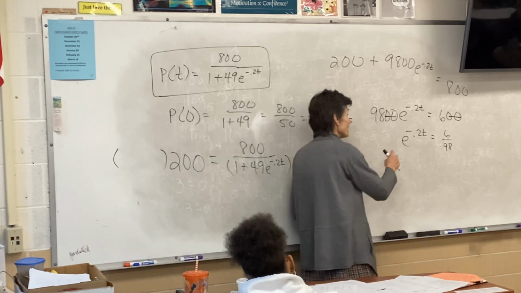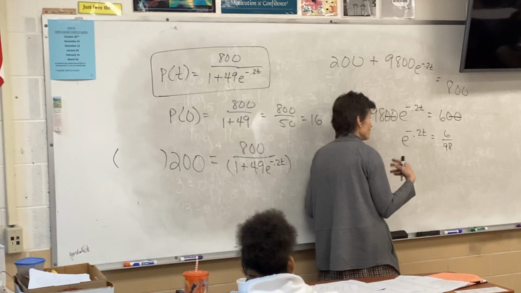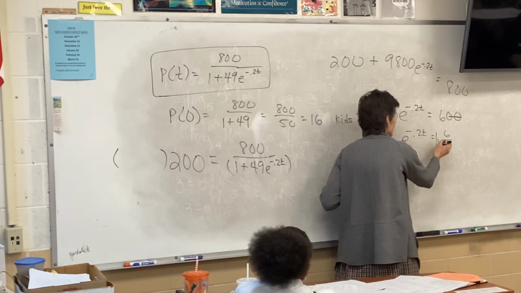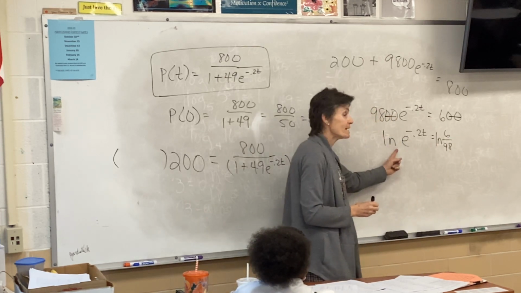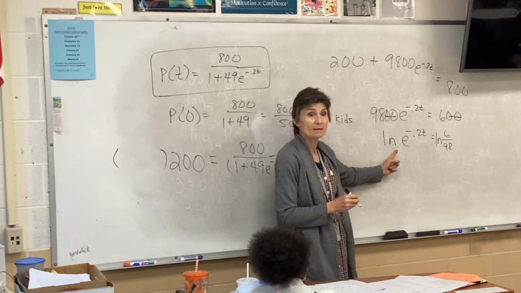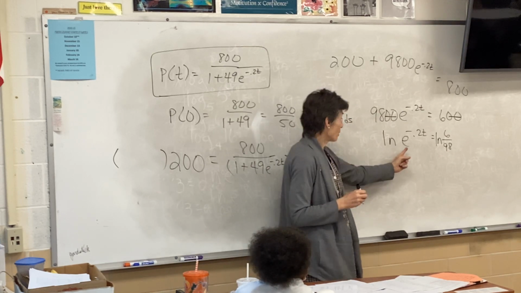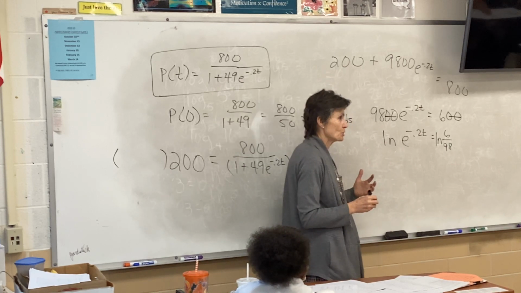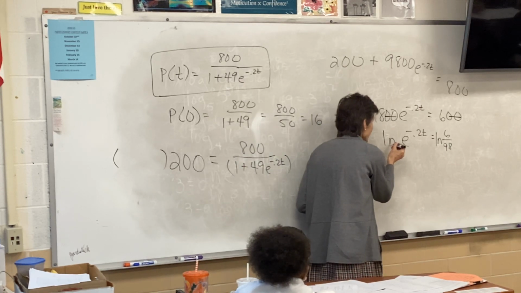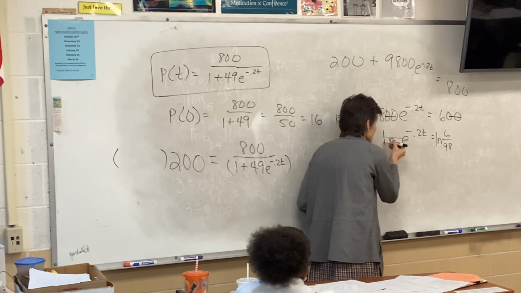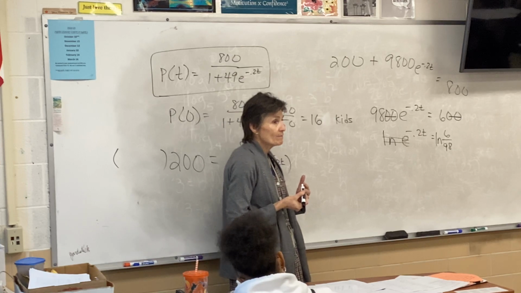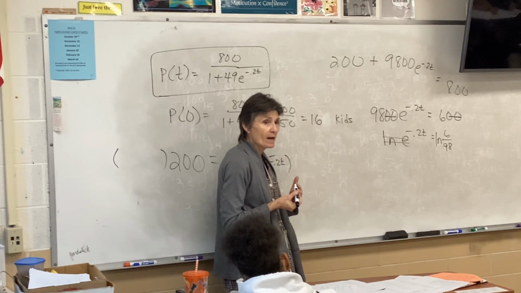The one that would be the easiest, the most convenient in this problem is the natural logarithm, because the base of the natural logarithm is e, and the problem has an e in it. And the beauty of that relationship is whenever an ln and an e touch each other, they cancel out. They're inverses, so they cancel each other out.